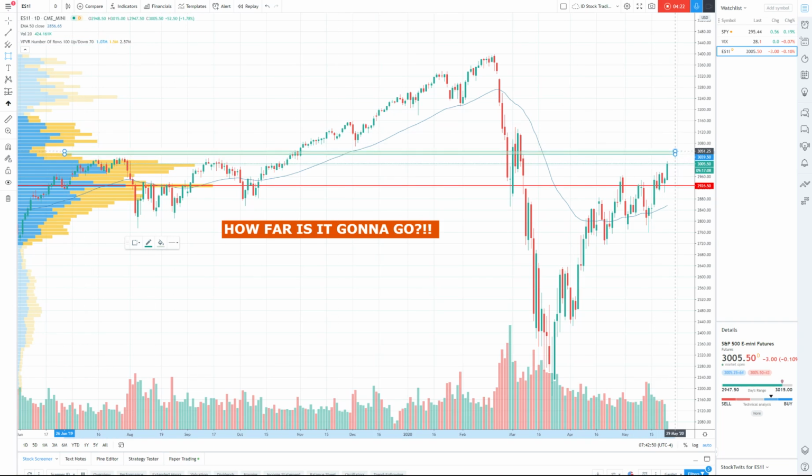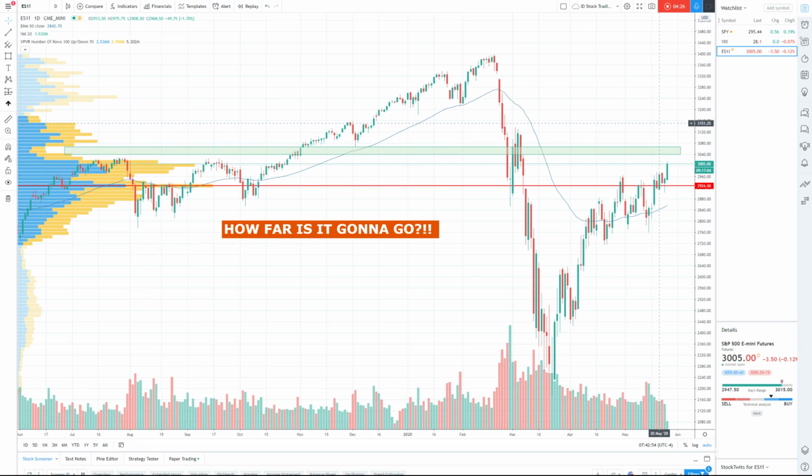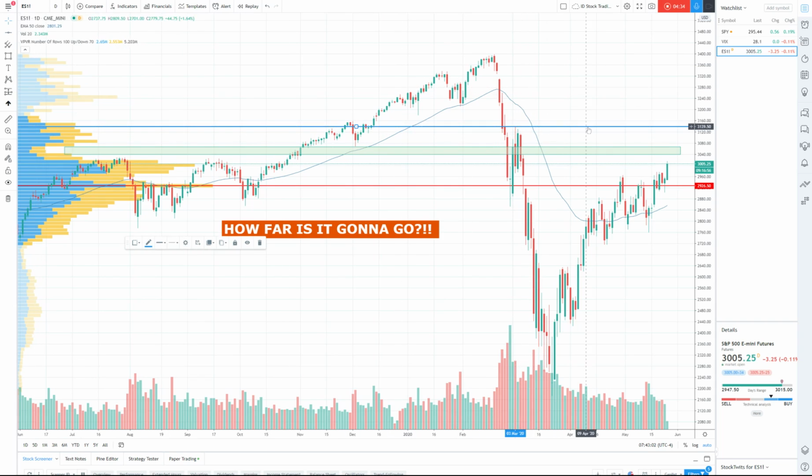All right, so around here. Then of course we have the swing high over there at 3140, and eventually another low volume area starting right above it at 3154.